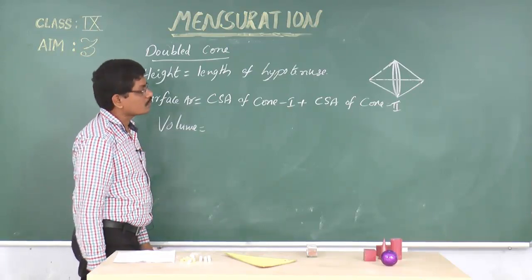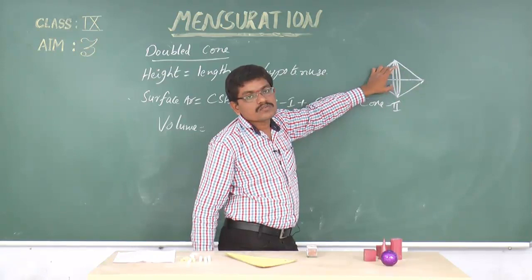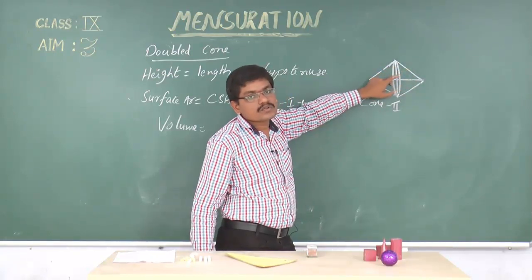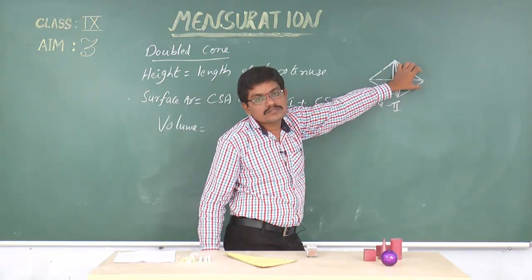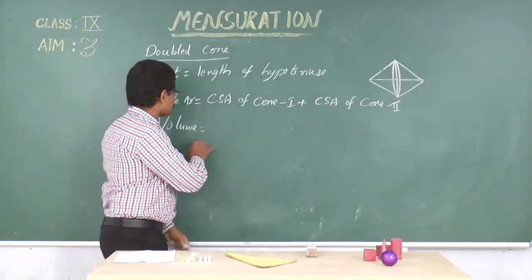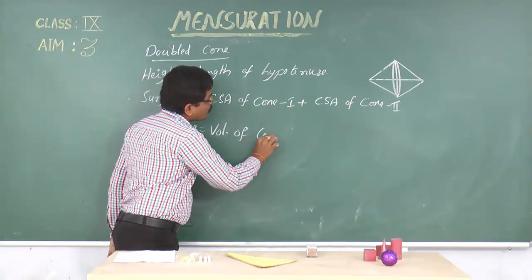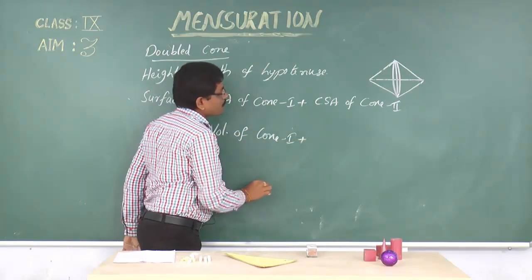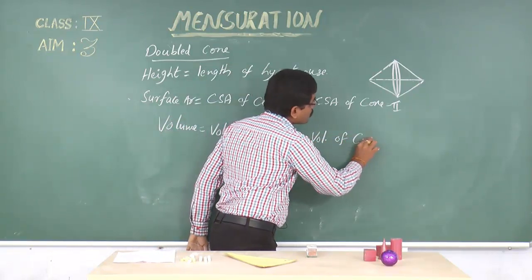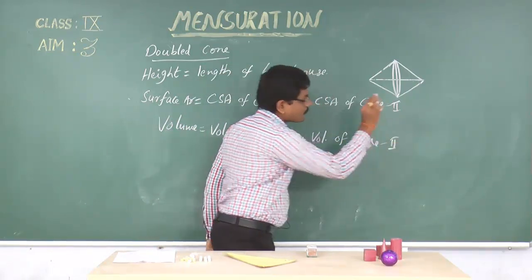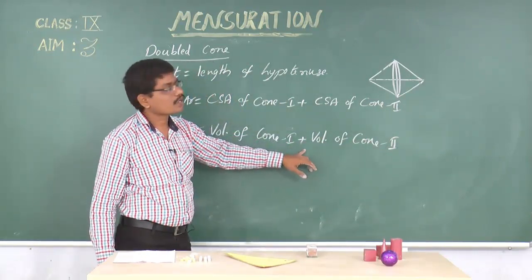Volume is equal to, so here also there are two cones. So volume of that total solid is equal to volume of this cone and volume of this cone. So volume of cone 1 plus volume of cone 2. This is the volume of the newly formed solid.